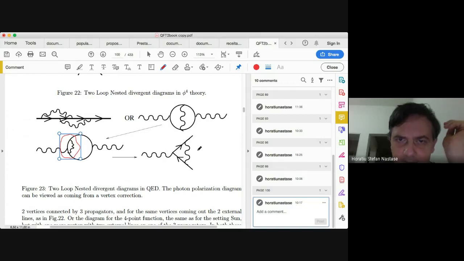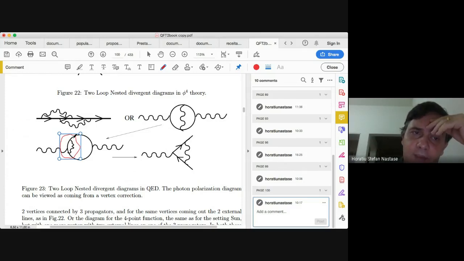So as you see, this one is just the 1-loop vertex correction inserted inside the 1-loop fermion correction to the photon propagator, right?